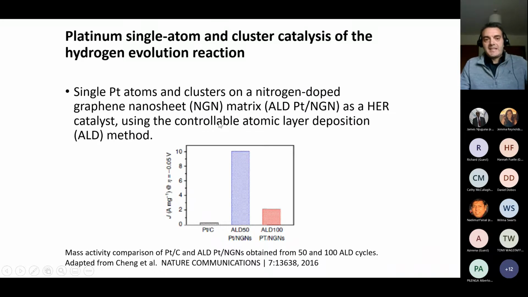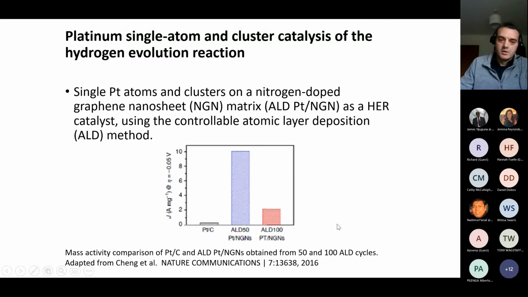As I said, they use a nitrogen-doped graphene nanosheet matrix. How did they introduce the platinum? They used atomic layer deposition, which is a method to deposit a particular material onto a system. In this figure they compare the mass activity of different catalysts. You can buy a platinum catalyst and compare it with that.